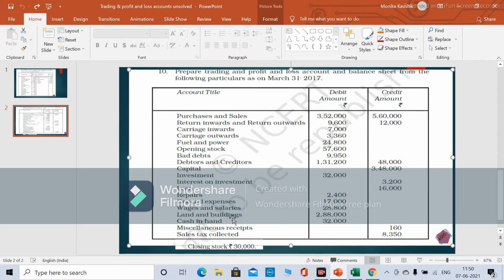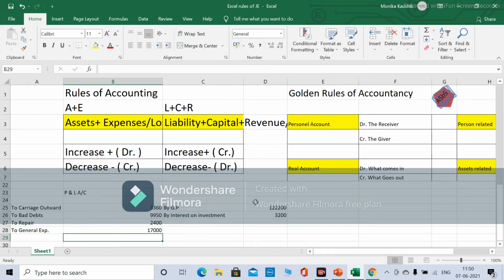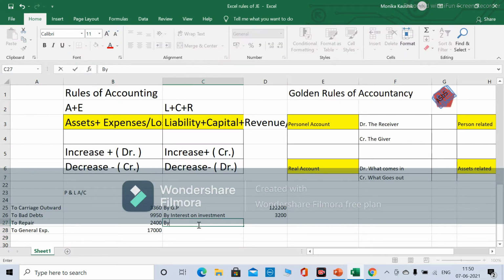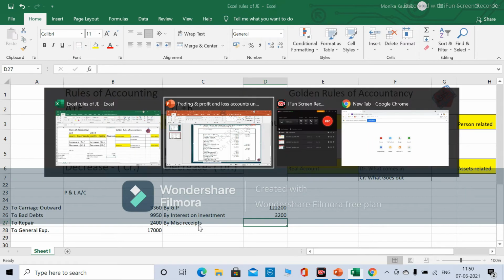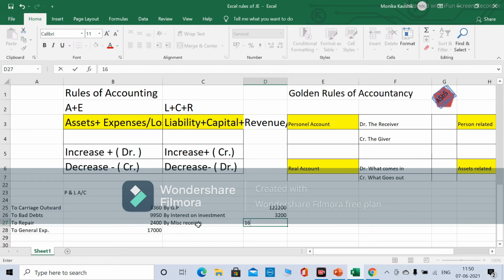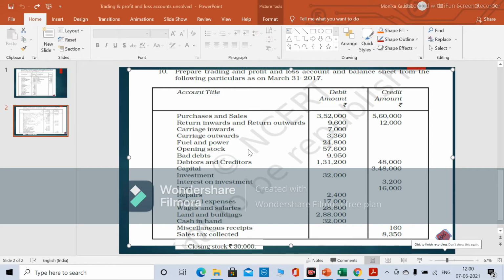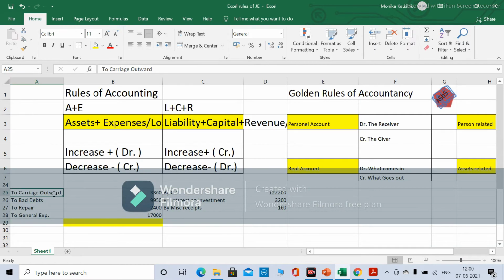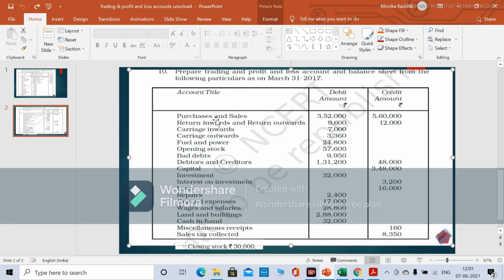Wages and salaries covered. Land and building, asset item. Cash in hand, asset item. Miscellaneous receipts, these are income by miscellaneous receipts, 160 rupees, sorry. Now let's recheck all the items I have taken or not.